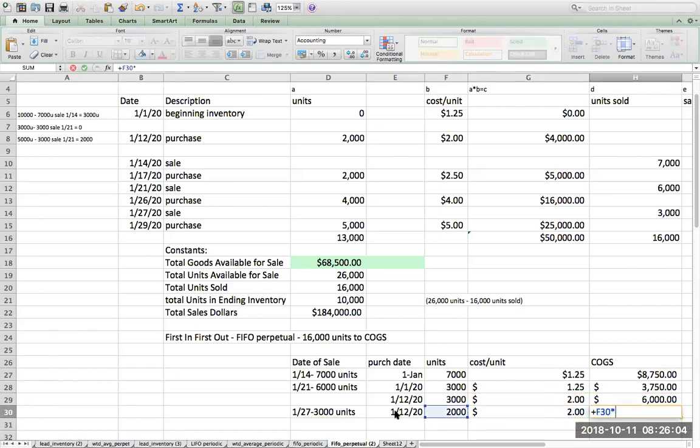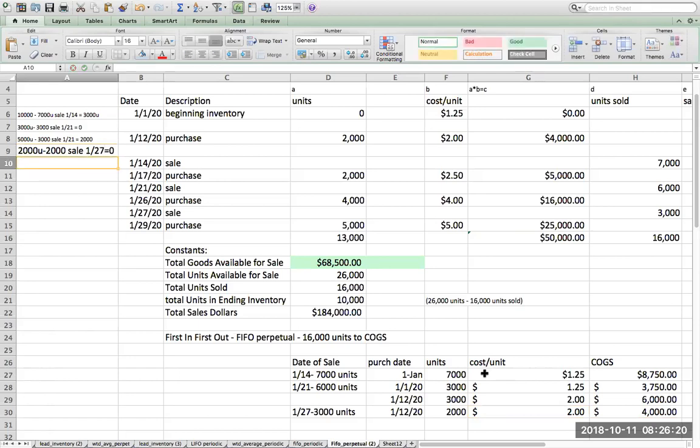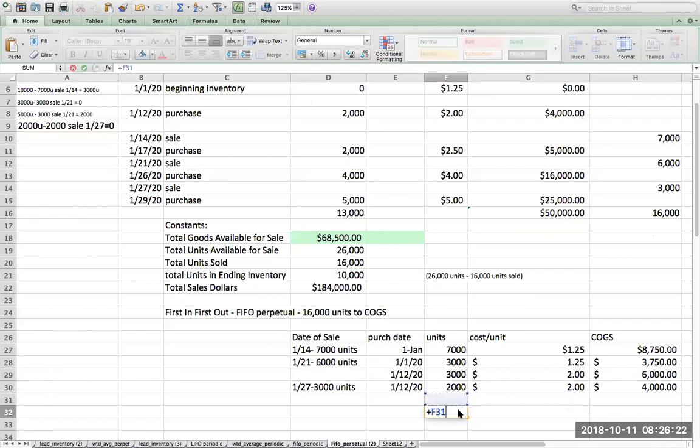And this will give me a cost of goods sold of 4,000. So now we have here 2,000 units minus 2,000 from the sale of 1/27.